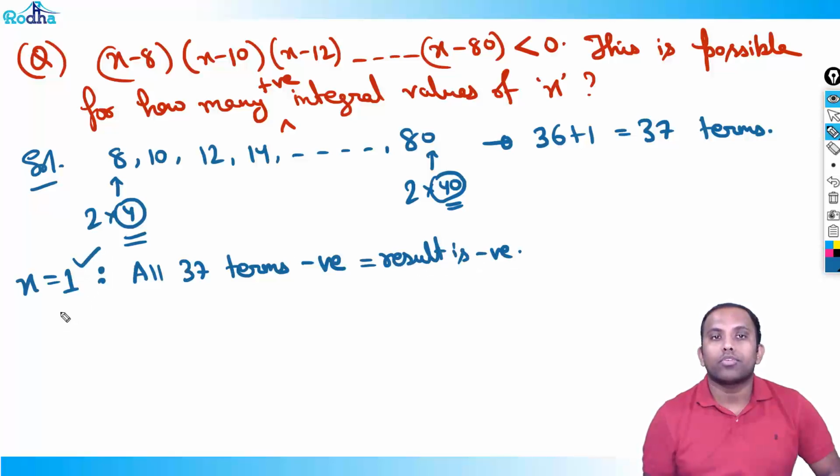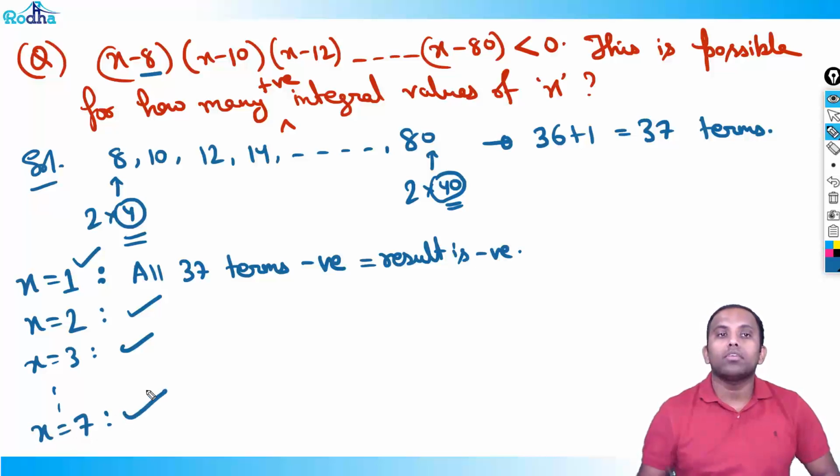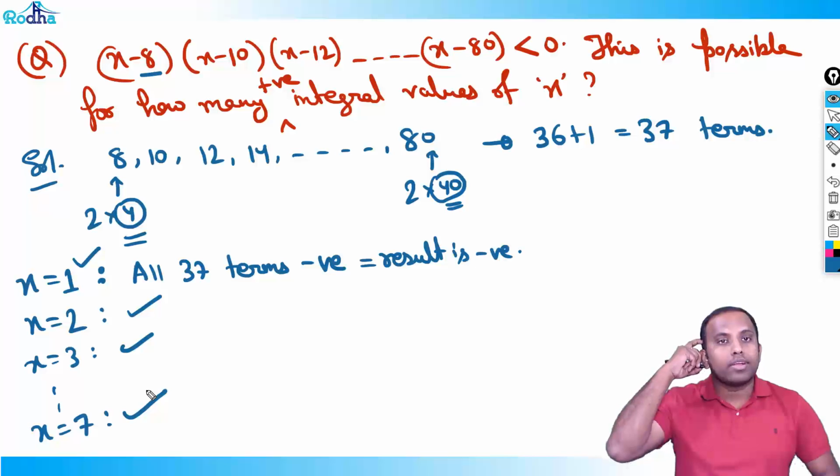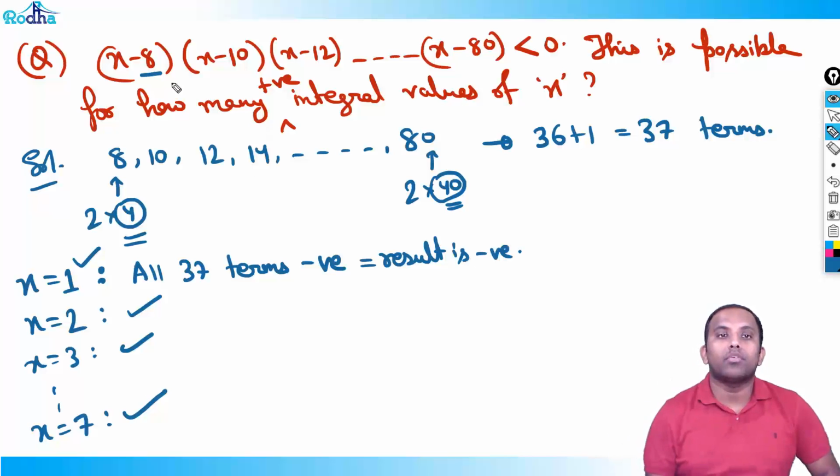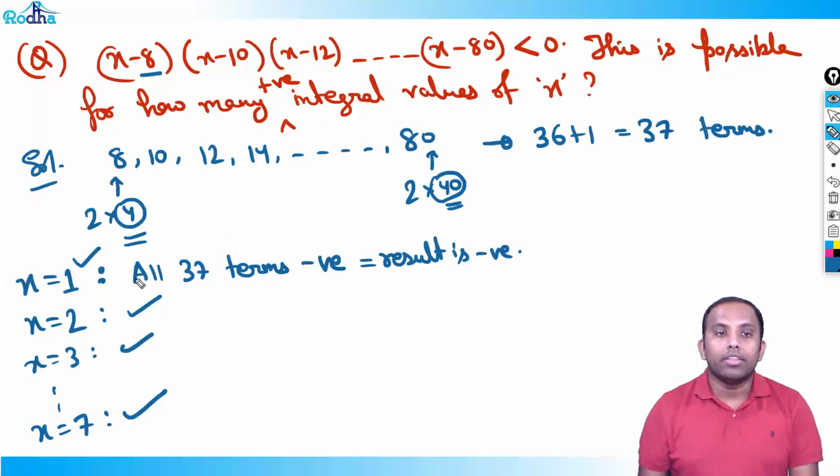So x equal to 1 satisfies, right? x equal to 2 is the same as x equal to 1, because the terms start from 8. So from here we will get an idea. x equal to 2 is also the same, x equal to 3 also the same, till x equal to 7, because till x equal to 7 all these terms are negative. There are 37 terms, and the result is negative. So x equal to 1 to 7 satisfies this.